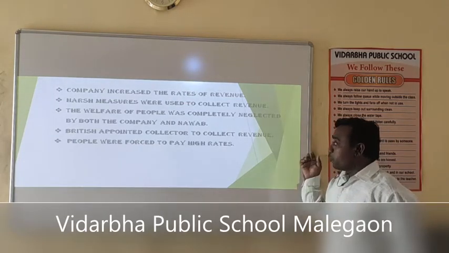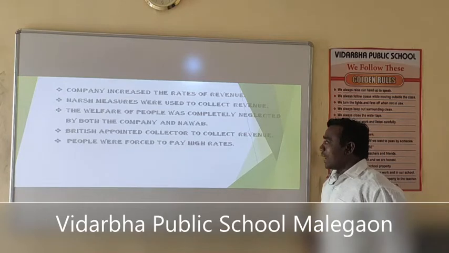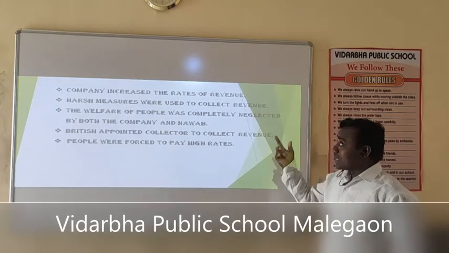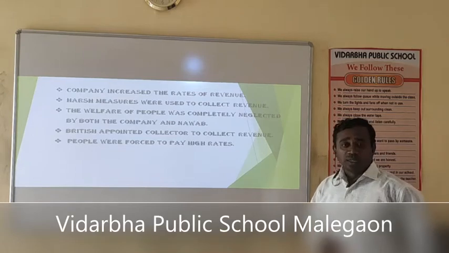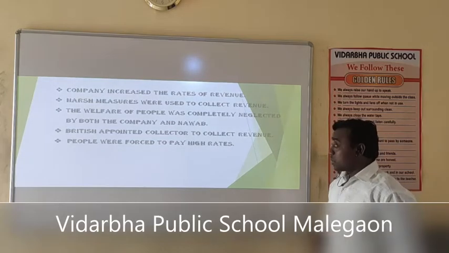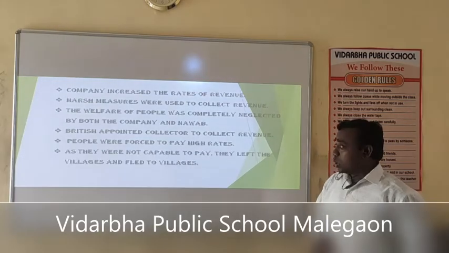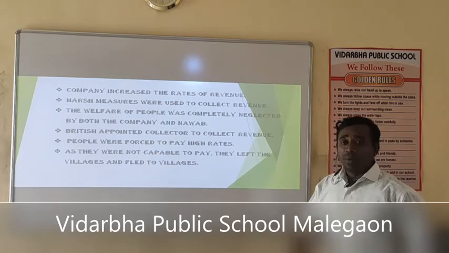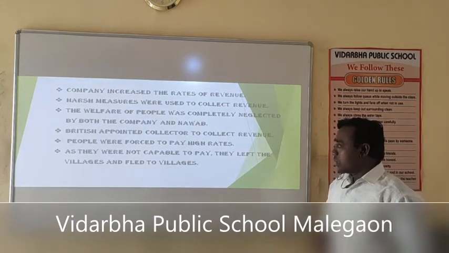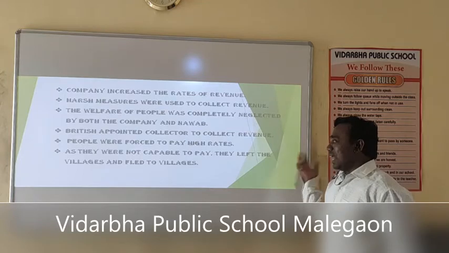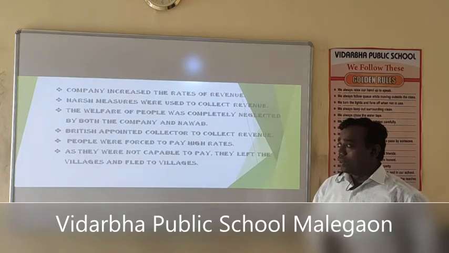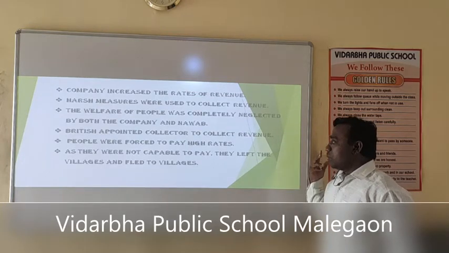The people were forced to pay higher rates. As the company had increased the rates of revenue, the taxes were increased, and people were forced to pay them. Those who were not capable of paying the taxes left their villages and fled.